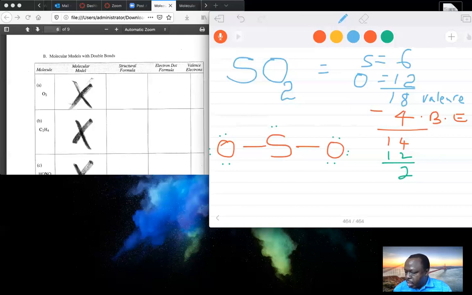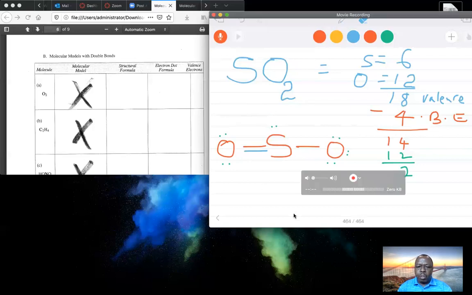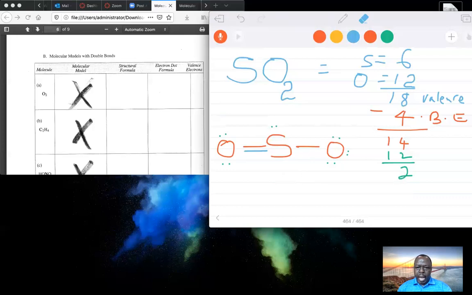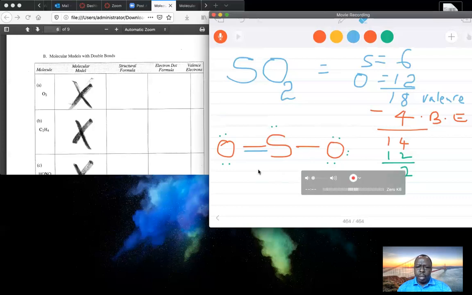Maybe if I make a double bond here, I'm just gonna erase the 2 from there. Don't erase on both sides, because once the octet rule is satisfied, that's it. Don't just make another double bond here and say, all right, I need to balance the molecule. The way it is right now, this oxygen has 8 electrons, 1, 2, 3, 4, 8 electrons; sulfur, 8 electrons; and this oxygen too.